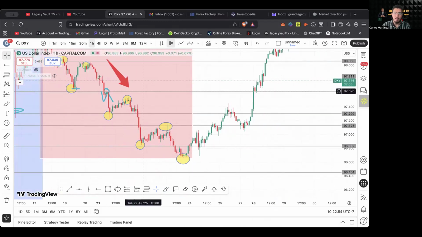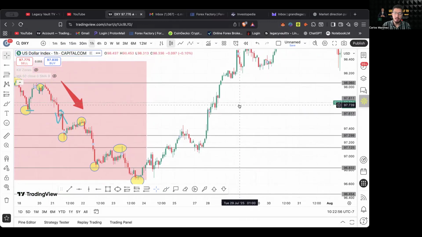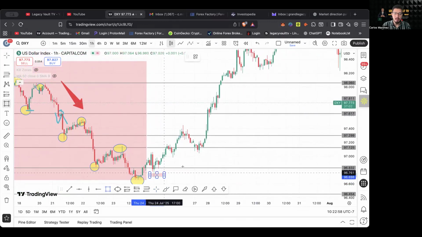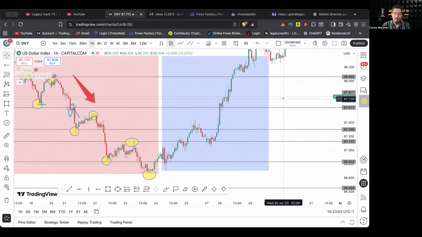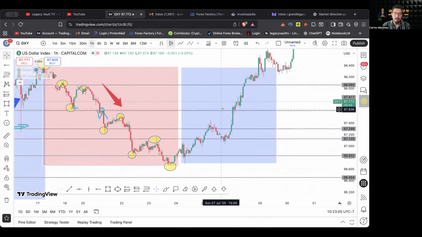So now it went from a downtrend to now an uptrend. It's a change of character.